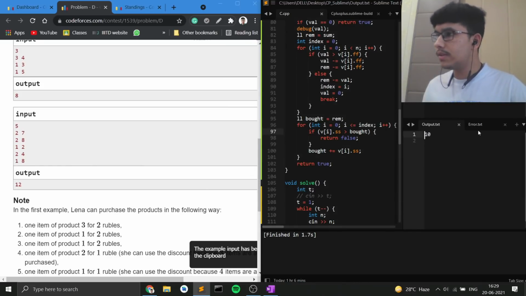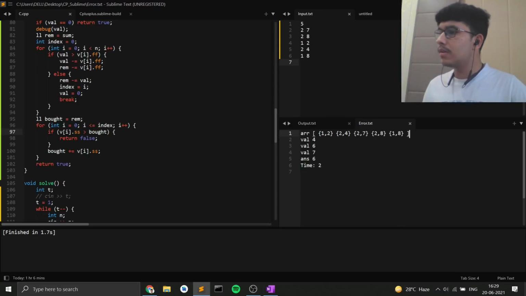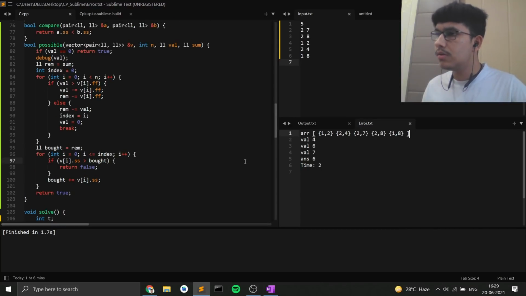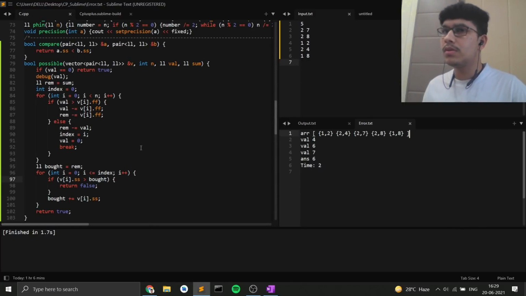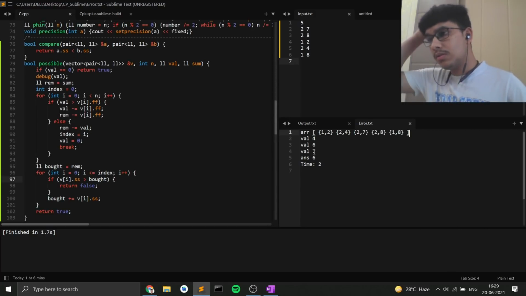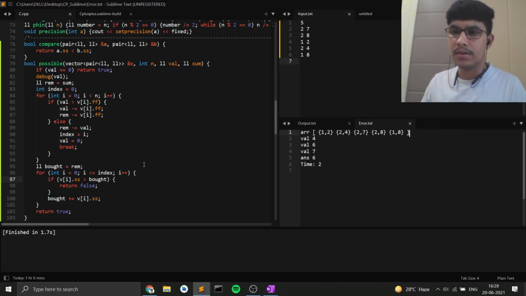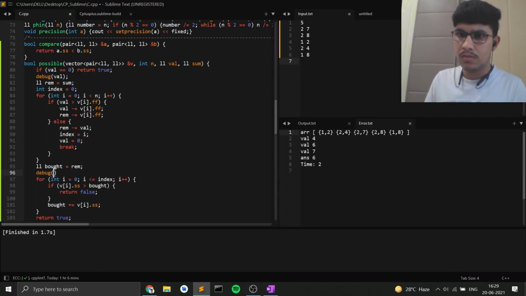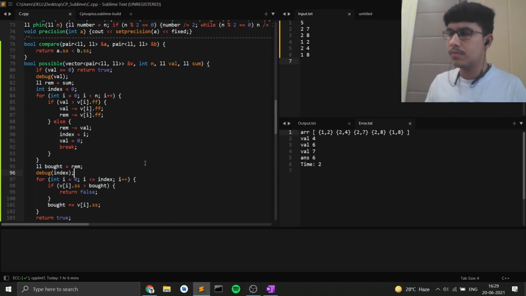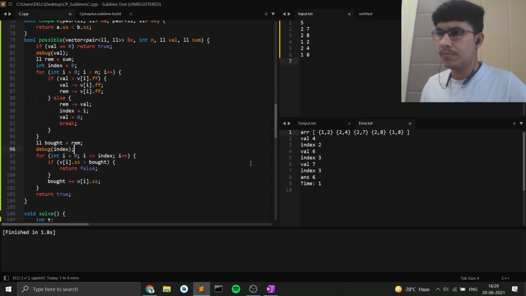So it is giving the answer as 10. Okay. Answer was 6. So I have 1, 2, 2 and 1. Right. So I need to print the index as well. 0, 1, 2, 3.